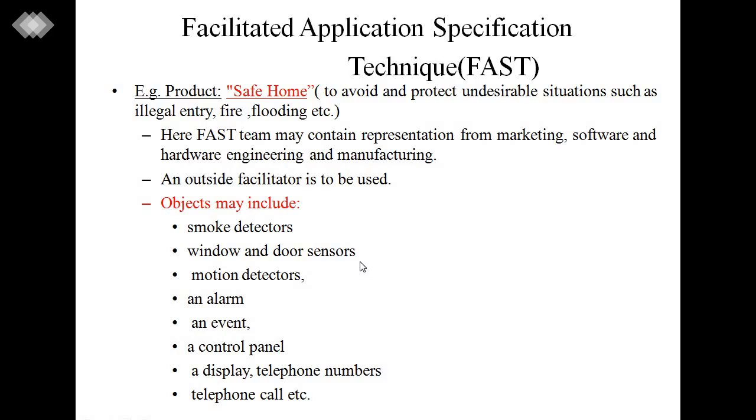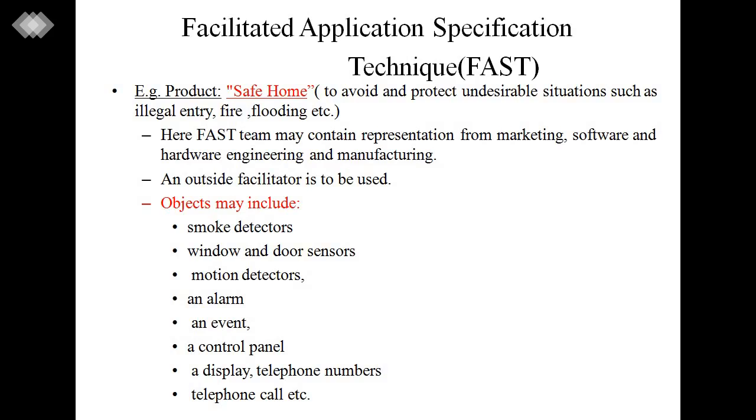So here is an example related to the product, that is SafeHome, or we can say safe home. It is meant to avoid and protect against undesired situations such as illegal entry, fire, and flooding. So here is the example related to our FAST technique.